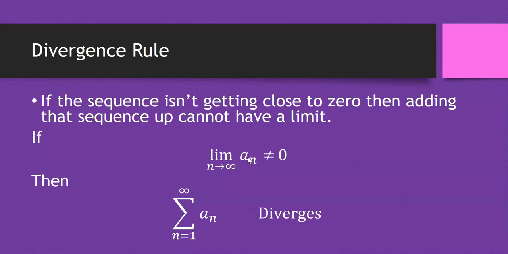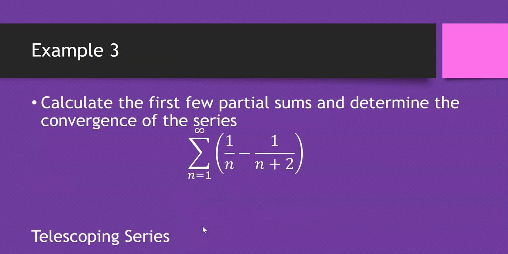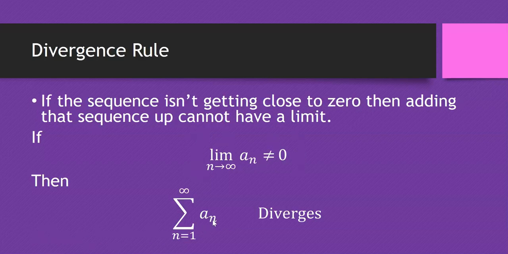Okay? Again, notice that we're talking about the underlying sequence. It's the sequence that's getting added up here. So if it doesn't go to zero, then there's no way that this summation can converge. It has to diverge. All right, so that's what we saw in that example.